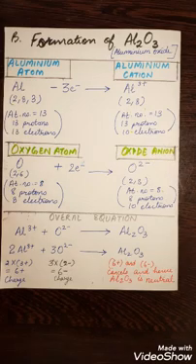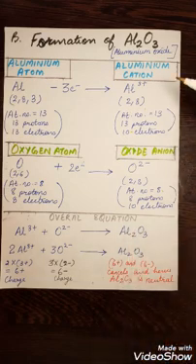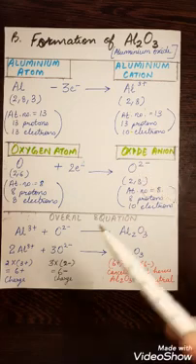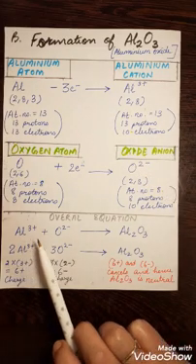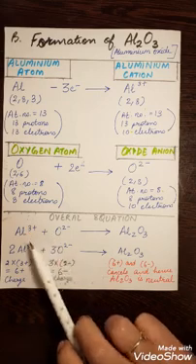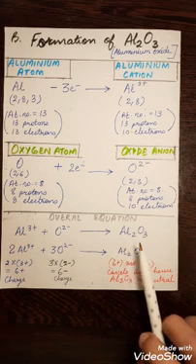Okay. Let us understand the overall equation. Aluminium plus oxygen will give you aluminium oxide. So their ions are now Al3 positive and O2 negative. So aluminium cation plus oxide anion are going to combine together to form the molecule of aluminium oxide.